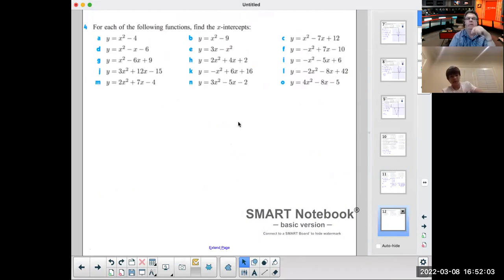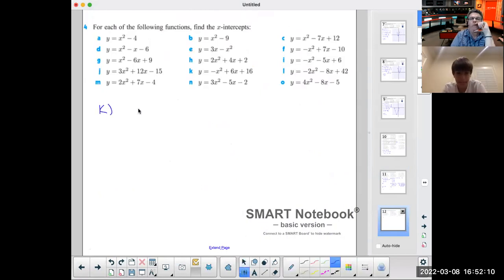No. Okay, so this is K, right? So y equals -x² plus 6x plus 16. Yes? So we're going to do -x² minus 6x minus 16. Yes, you're right. Okay.